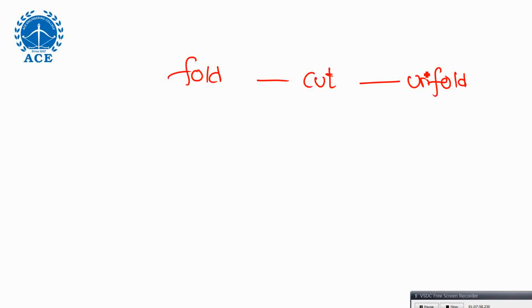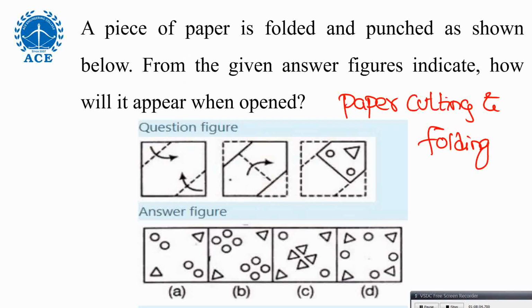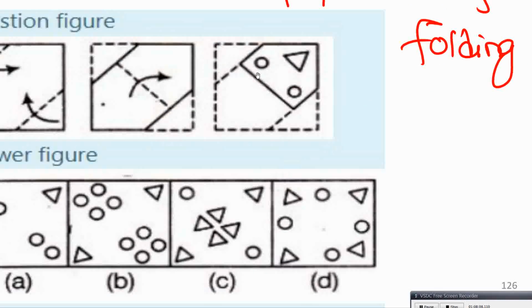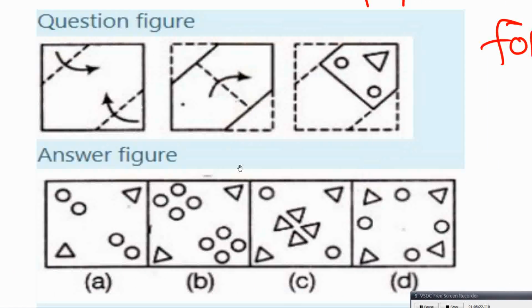Whatever way you folded, unfold it in the similar way, then see how the paper will look. First thing you check here, everybody focus here. This corner part is there, right? In every option you draw that shape, this should be there. One triangle, and it's not there in option C. It's there in A but not in C. This is above the middle one, right? These two circles are diagonally above the middle one.